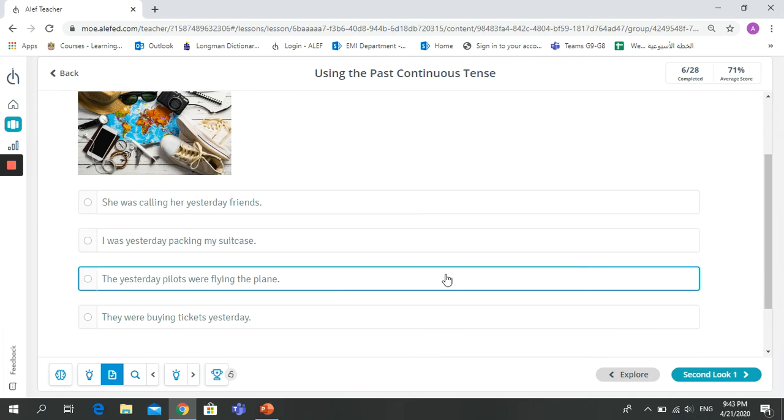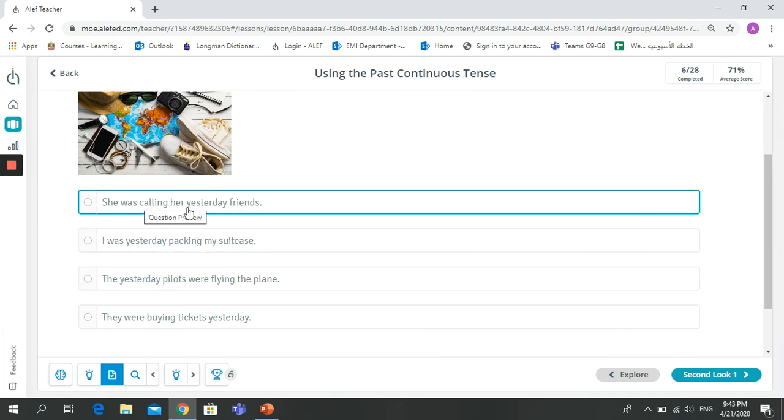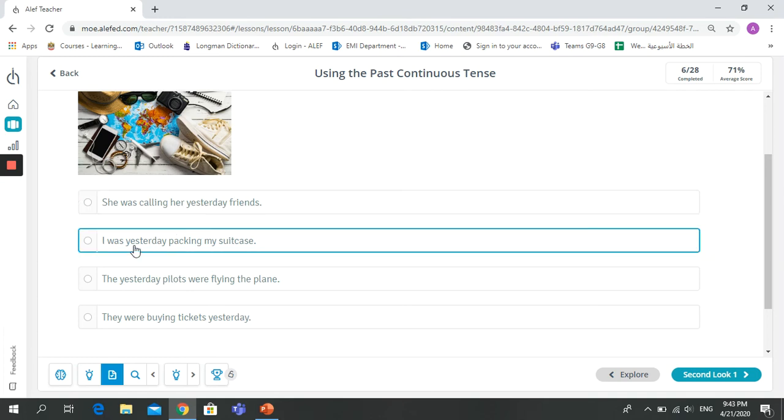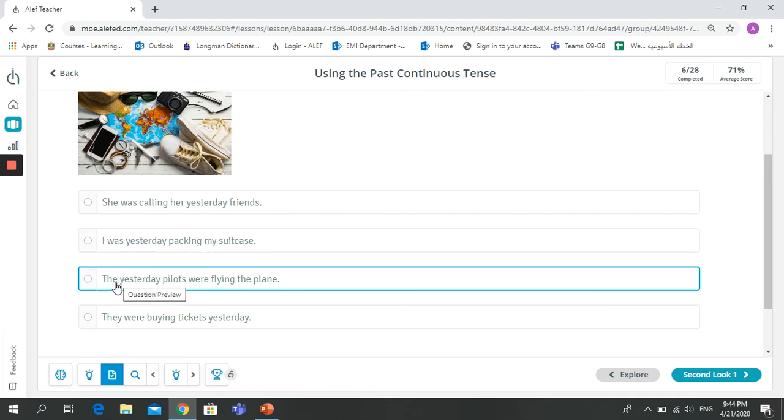Number 1, she was calling her yesterday friends. Look at yesterday. Is it correct here to put it in the middle? I was yesterday packing my suitcase. Look at yesterday. Is it correct to put it after was? The yesterday pilots were flying the plane. The yesterday pilots. Is it meaningful?